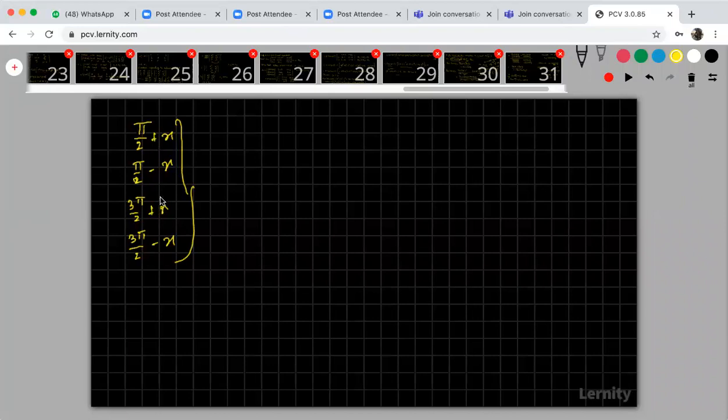For sin or cos of pi by 2 plus x, or pi by 2 minus x, like that, 3 pi by 2 plus x, 3 pi by 2 minus x, you change sin into cos or cos into sin.